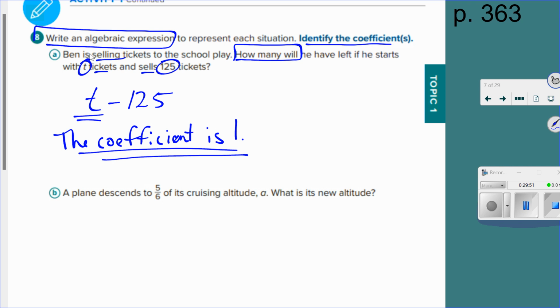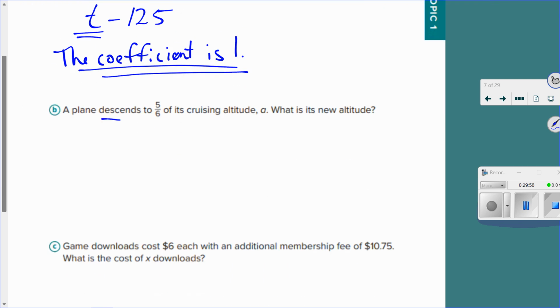A plane descends to 5/6 of its original altitude A. What is the new altitude? Why did I underline of? What does of mean? Multiplication. So it's telling me it's multiplying, right? So this is 5/6 times A. What is my coefficient?